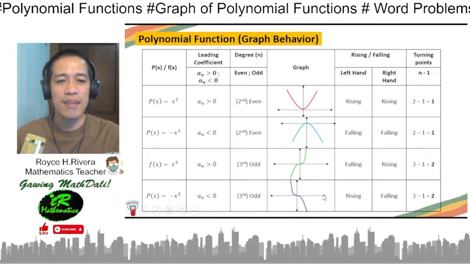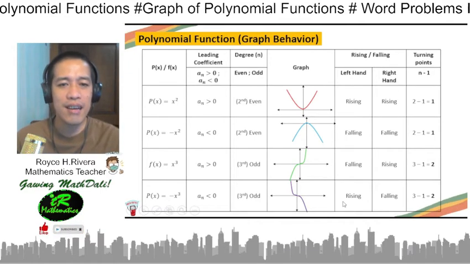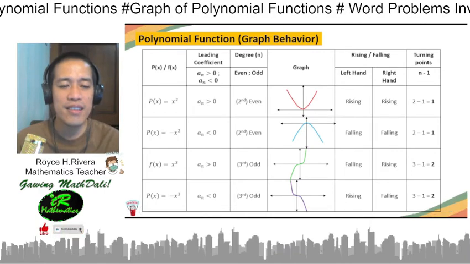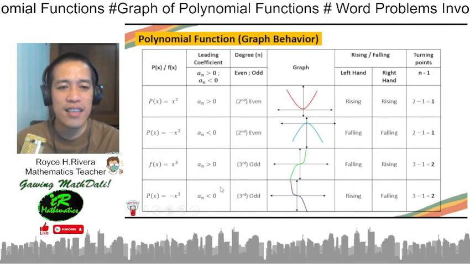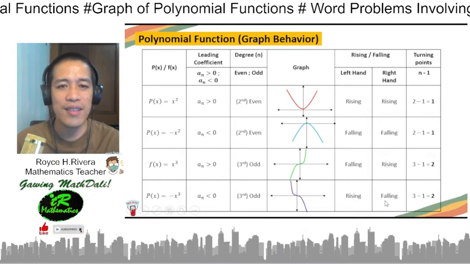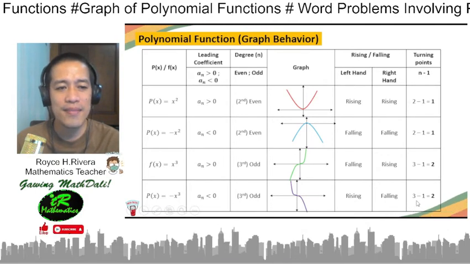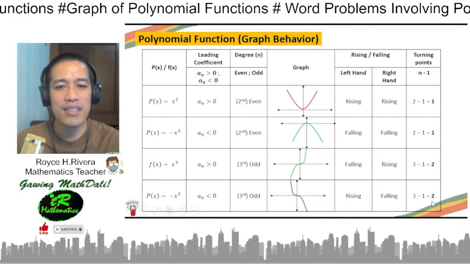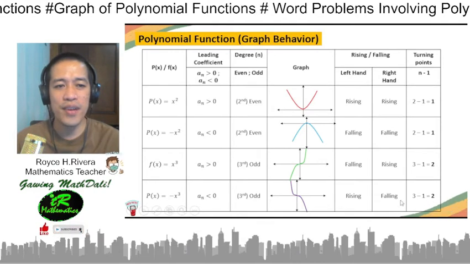So this is the behavior of the graph of the polynomial function. It is rising to the left and falling to the right, and it has 3 minus 1 equals 2 turning points.